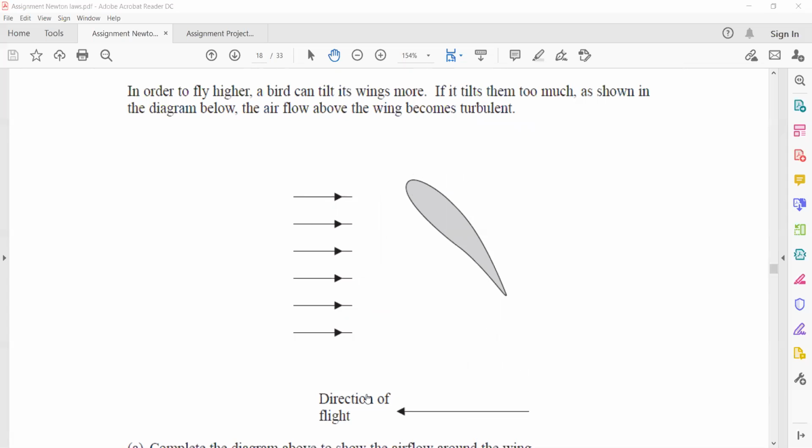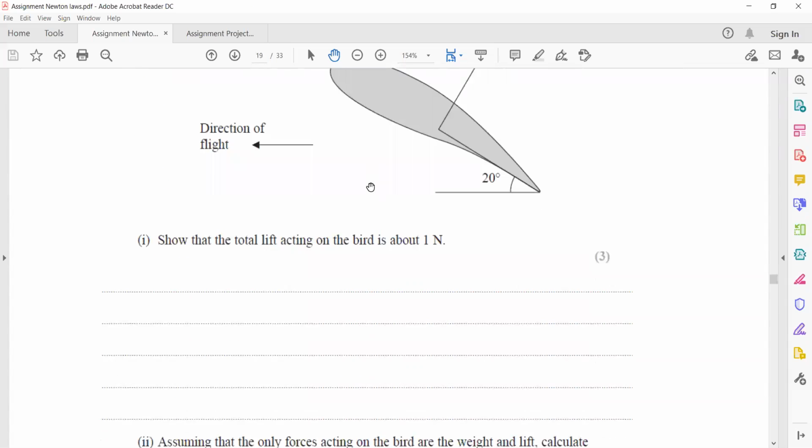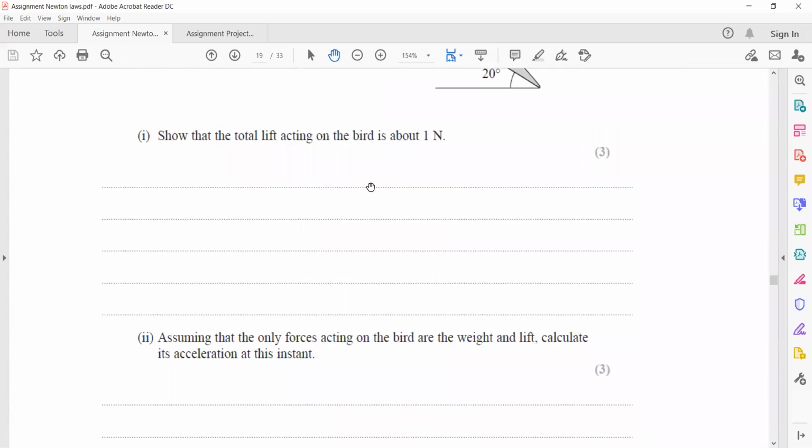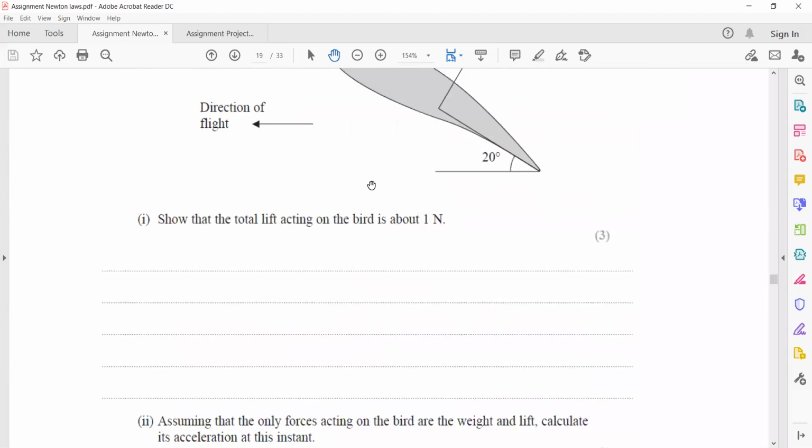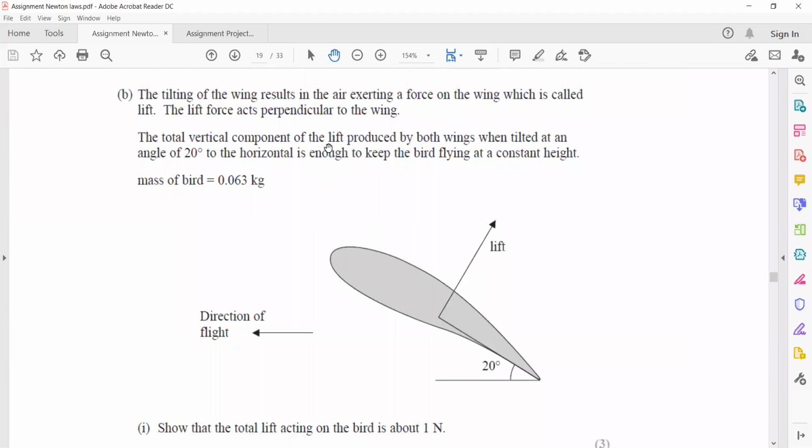The next question is page 19, question number 18, B2. The tilt of the wing results in the air exerting a force on the wing, which is called the lift.